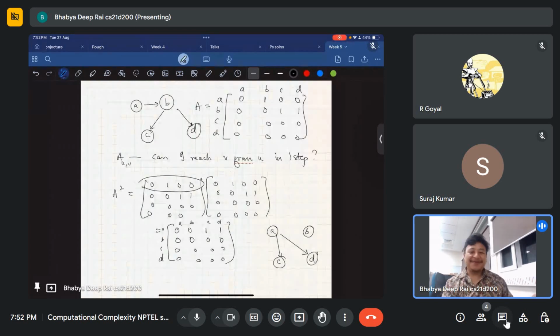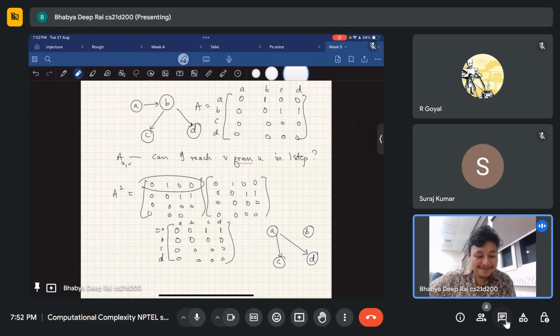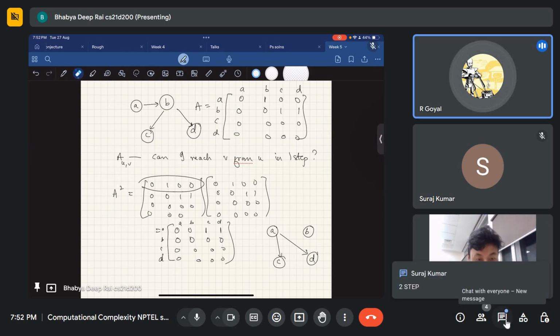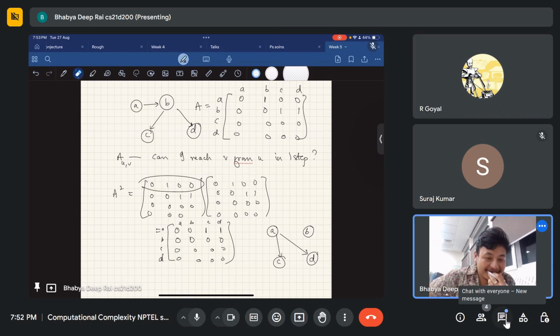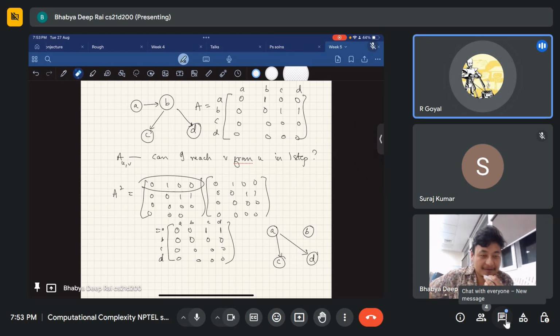So we've changed the graph now. It looks completely different. But intuitively, do you know what this represents? Exactly, that between A and D there is one vertex in between. Does there exist a path between A and D with one vertex in between?